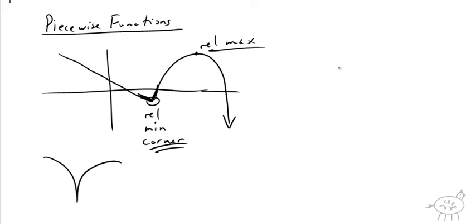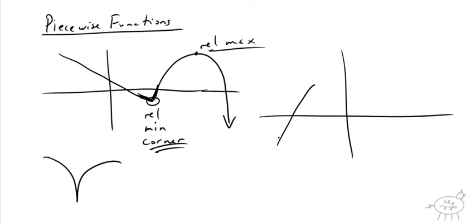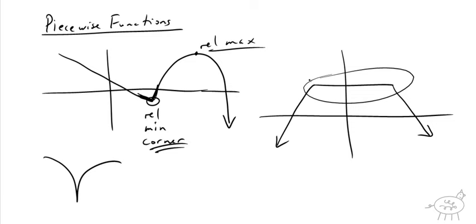That's pretty easy. And then one other one I want to talk about is if I have a piecewise function that looks like this, and then this one is y equals whatever, 3, and then down like this. You might look at this and say it's kind of a maximum right here. But I want you to understand this is not a relative max, for a couple of reasons.